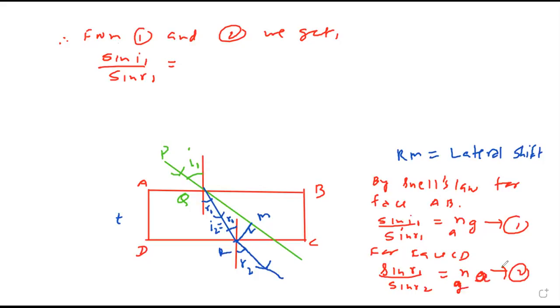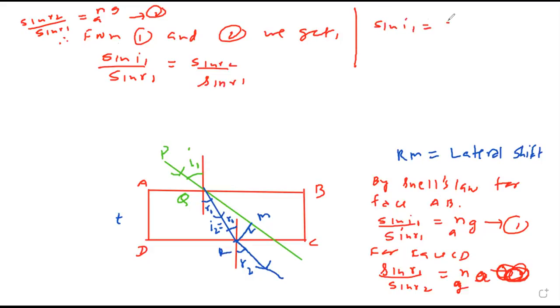Yes, air with respect to glass. So it will become sine of R2 upon sine of R1 is the refractive index of glass with respect to air. This is equation 2. So we get sine I1 equal to sine R2. Therefore, I1 is the same as R2. Let this be our equation 3. Now copy this one.